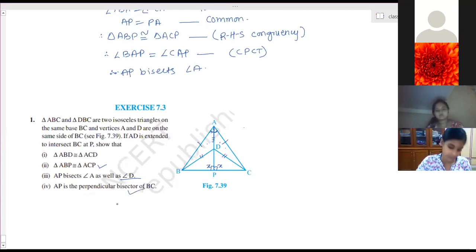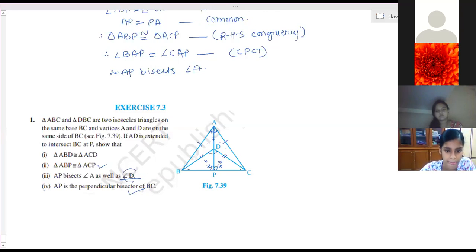BD is equal to CD, DP is common, and BP is equal to CP. So by SSS criteria, two triangles are congruent. Therefore, this angle is equal to this angle. Even RHS we can use. But first prove the fourth one, then the third one.